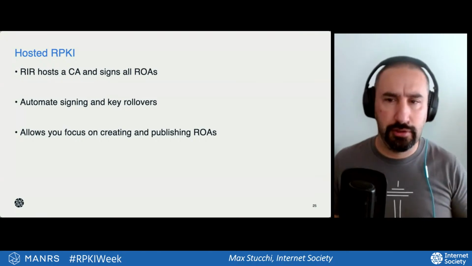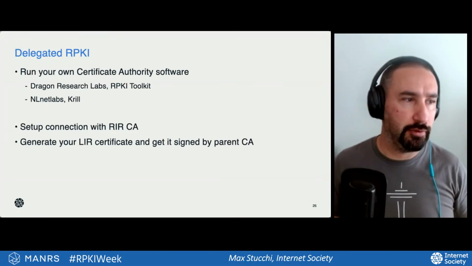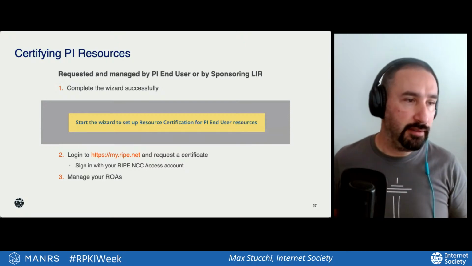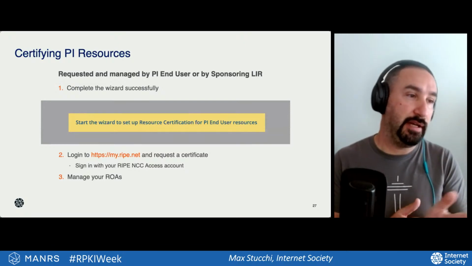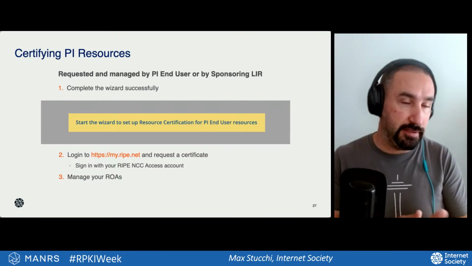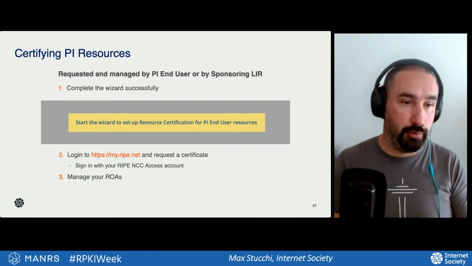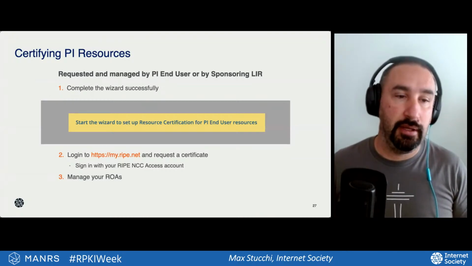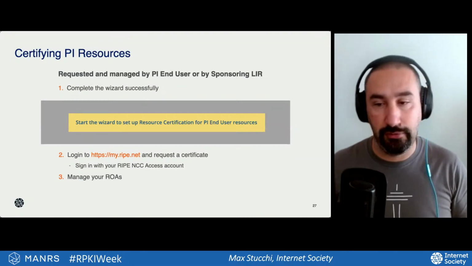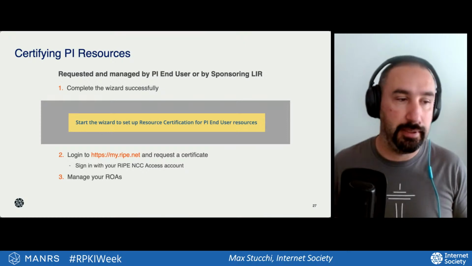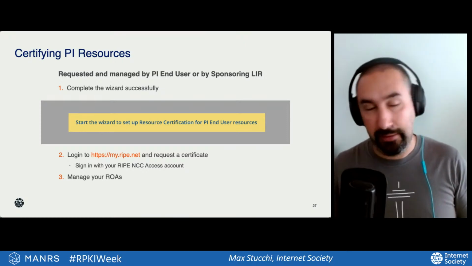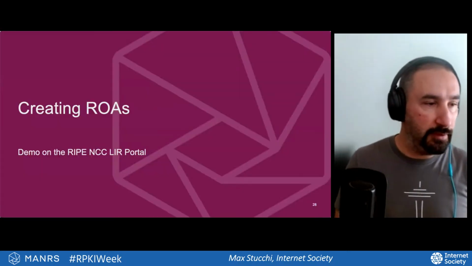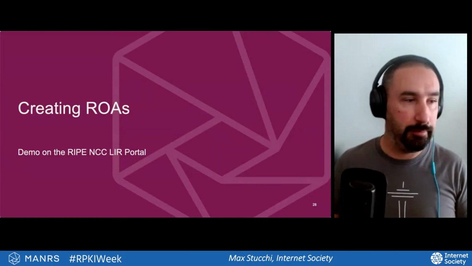But depending on your needs, you might want to go for delegated. And then at RIPE, you can also certify PI resources. There's a specific procedure. There's a wizard you want to follow so that your PI resources can also be certified by their end users. So I'm going to do now a demo about creating and managing ROAs.